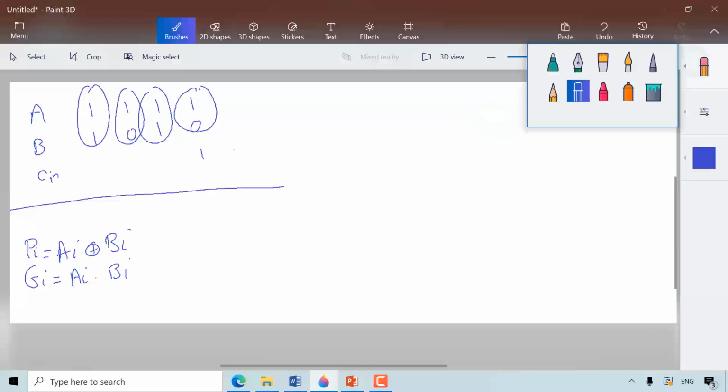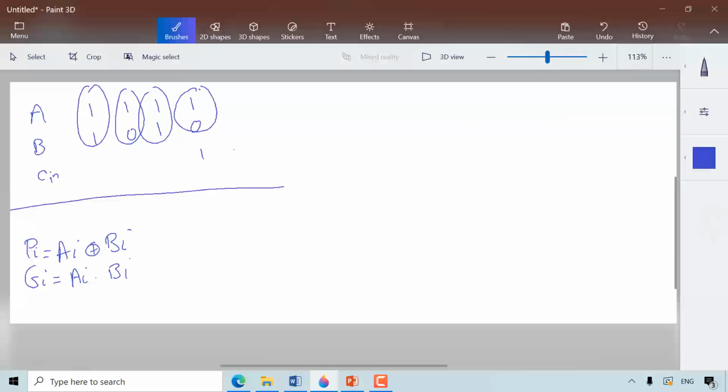So this is my full adder here, in bit position I. Now we need to understand the relationship between these inputs, which are A I, B I, and C I minus 1, a carry from the previous stage, and C I. So what's the relationship between all of this and C I?